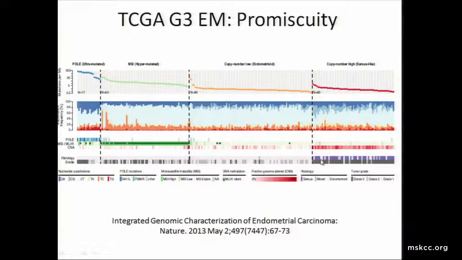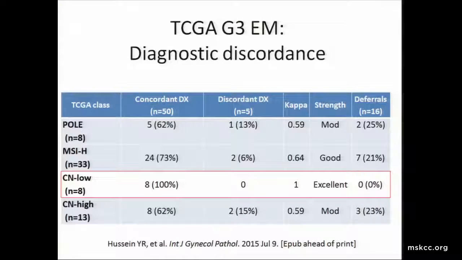A lot of them live in the serous-like category. A lot of them live in the polymerase E hotspot mutated category, and a modest number live in the MSI high category, but very few of them map to the type 1 classical copy number low endometrioid adenocarcinoma.